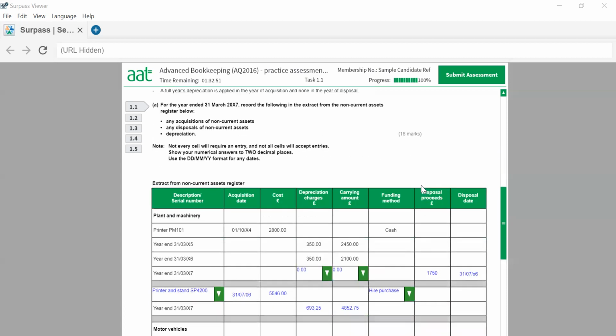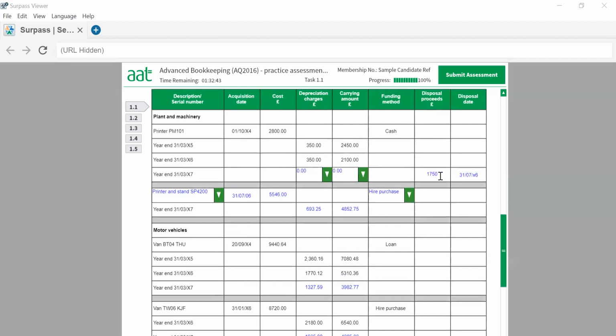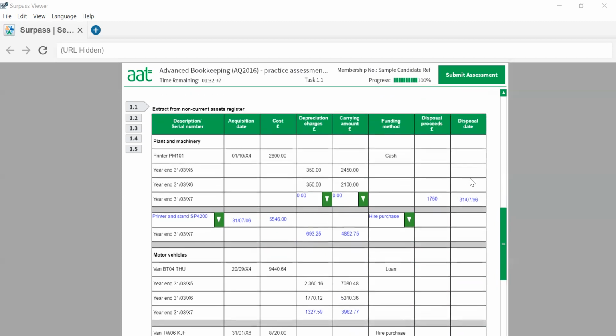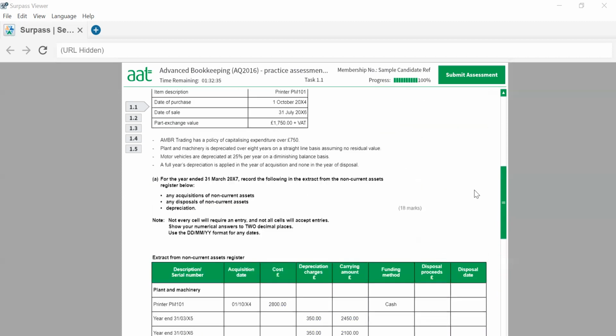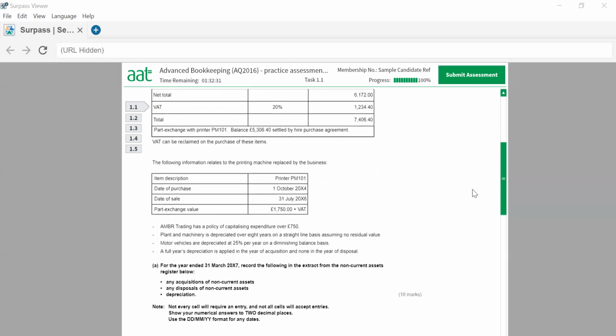So again, put it in straight away, which is this one here. So the disposal proceeds is 1750, and the disposal date was 31st of the 7th, 06. I've not done any calculations at the moment. I've just put the information in from the two tables.